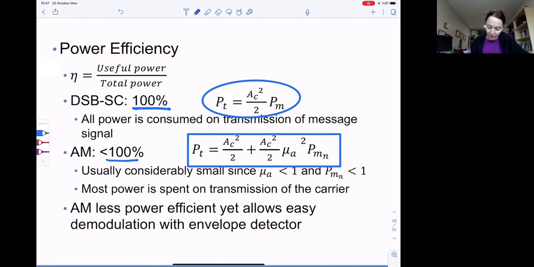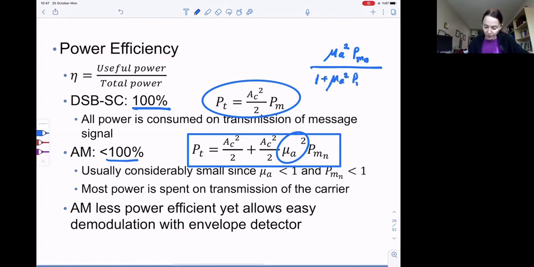How much is it? It depends on the value of this mu A. Now, this efficiency is usually small since we're going with the square of mu a, right? So what is the efficiency? Mu a squared PMN divided by 1 plus mu a squared PMN when you cancel out the AC squared over 2.